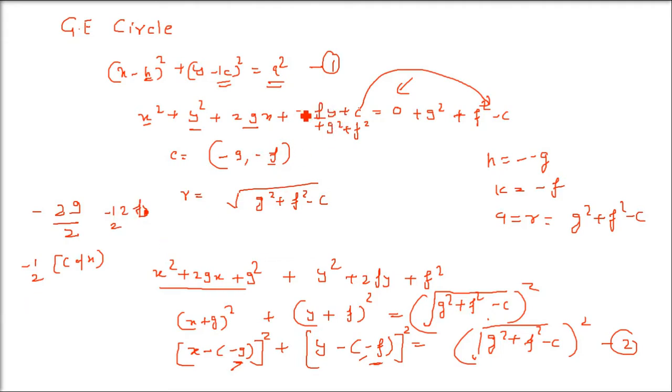Similarly, for the second one, the coefficient of y, that is 2f, multiply it by minus half and you get minus f. Now the radius: a square was this, so the radius is under root g square plus f square minus c. That is, half coefficient of x whole square plus half coefficient of y whole square minus the constant term, under root.